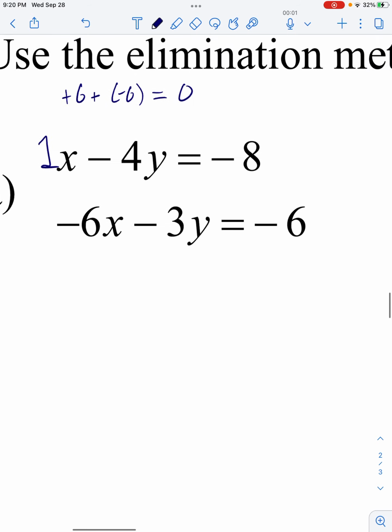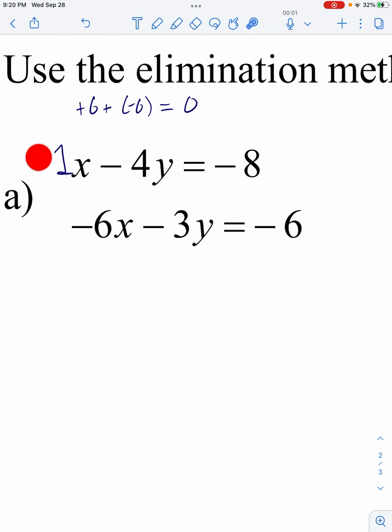So what I'm looking for here is a number I can multiply this 1 by that I can add to negative 6 to come up with 0, okay? We know that positive 6 plus negative 6 equals 0. So if I can multiply this 1 by a number that makes this equal to positive 6, that's what I want to do. That's how I know I want to multiply both sides of the top equation by 6.